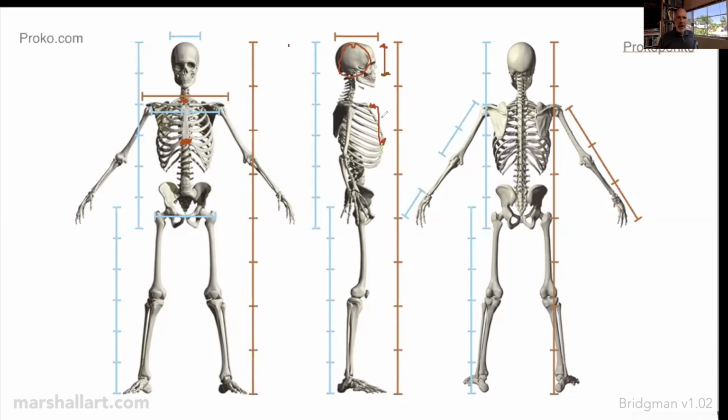Then we look at the width of the scapula at its widest point, and it's that wide. And we look at the height of the scapula at that point, and it's that high. And we look at the length of the upper arm bone, and that's the most consistent to head width measurement I've ever seen.